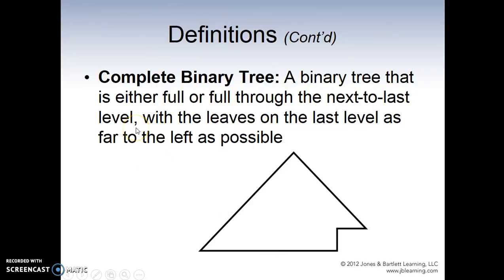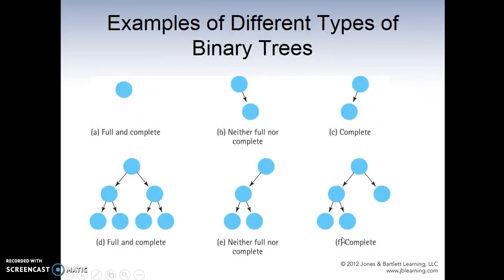This is called a complete binary tree: a binary tree that is either full or full through the next to the last level, with the leaves on the last level as far to the left as possible, or some nodes may have just one child. So this is called full and complete. This is called neither of them, because it has to be on the left to be complete. And this is called complete. This is called neither, because this is not. This is called complete.